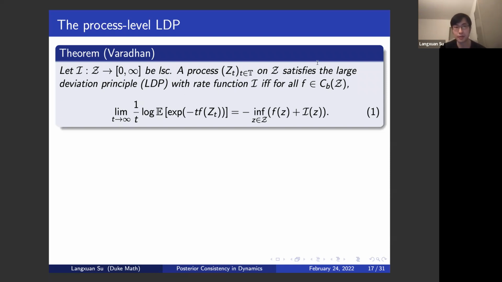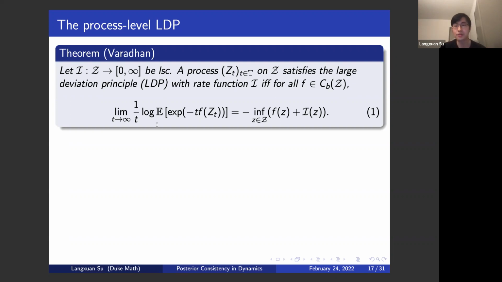Well, I didn't tell you precisely what the large deviation principle is, but since this is an if and only if statement, you can take this to be the definition. But the goal here is that one can prove the large deviation principle with other techniques. Then if we compare with this equivalent characterization, this one gives you the connection with the posterior consistency we want to prove, from the previous page.